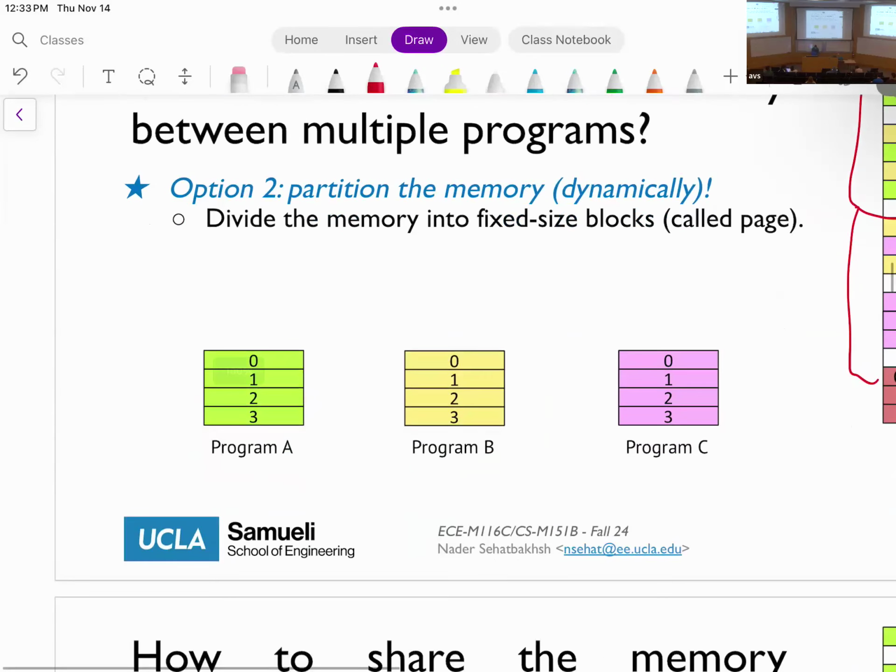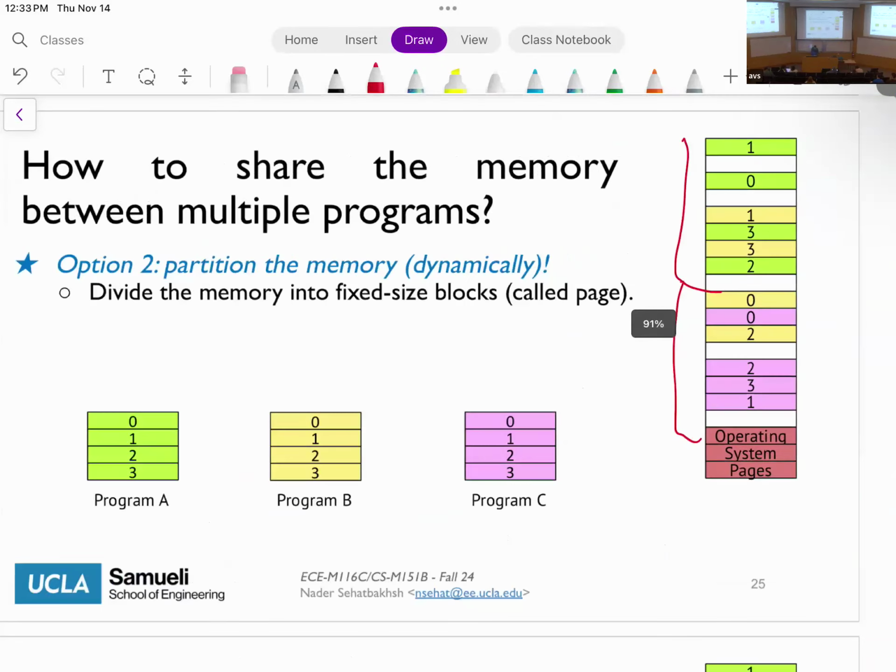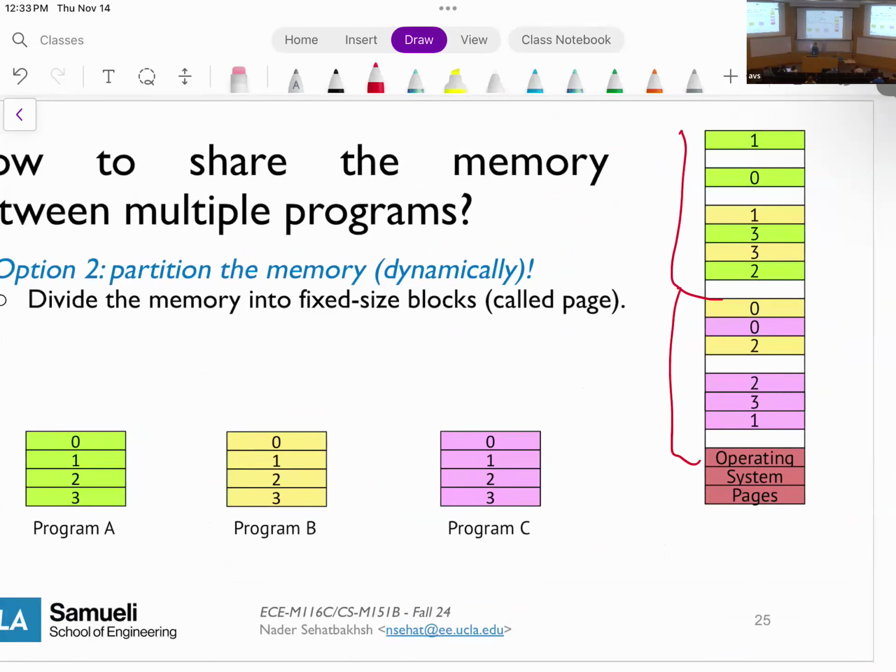All right, so let's see how our memory looks. As you can see, my pages can be scattered around my main memory. The operating system can still reserve some space, and by the way, the operating system itself can be page-based. But the first thing you'll notice is that I'm no longer having a continuous space.